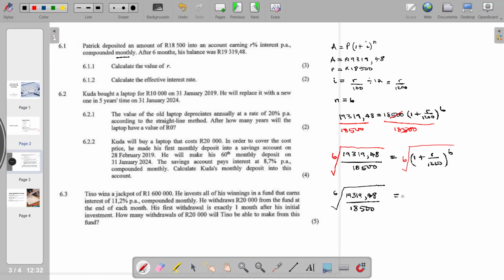This is equal to 1 plus R over 1,200. Then we subtract the 1 both sides.